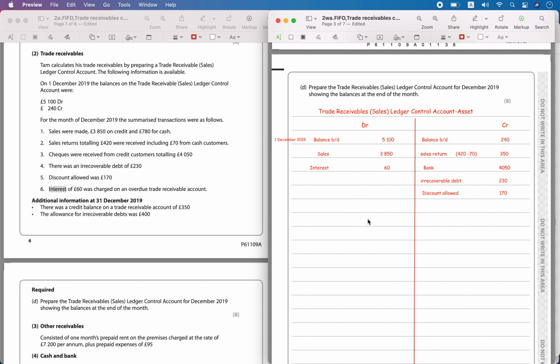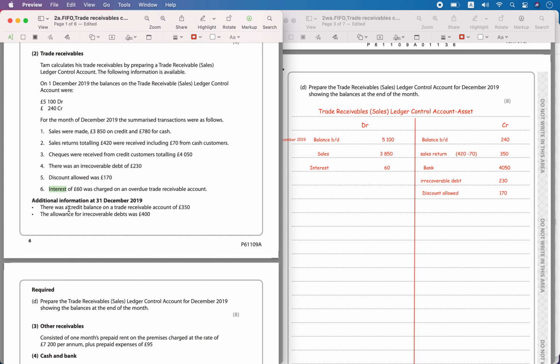Now with this we have to calculate the total balances. There is additional information: the allowance for irrecoverable debts was 400, and there was a credit balance on trade receivables of 350.